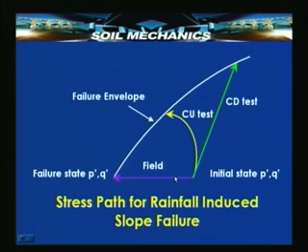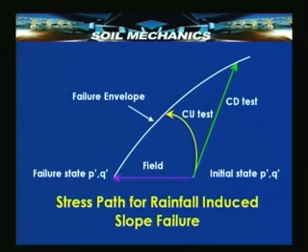If on the other hand you do a consolidated undrained test or a consolidated drained test, because the slope has been in existence for some time, consolidation has taken place, and now suddenly a rainfall occurs and the slope fails. So, consolidated drained or consolidated undrained are the appropriate tests depending upon the rate of infiltration of water or the rate of rainfall.